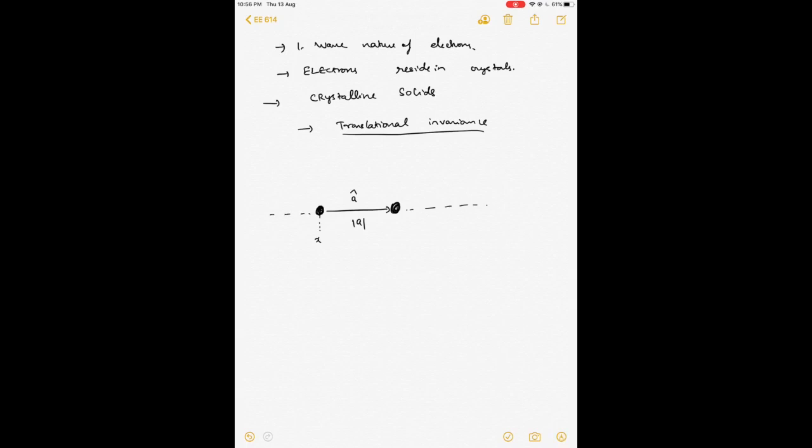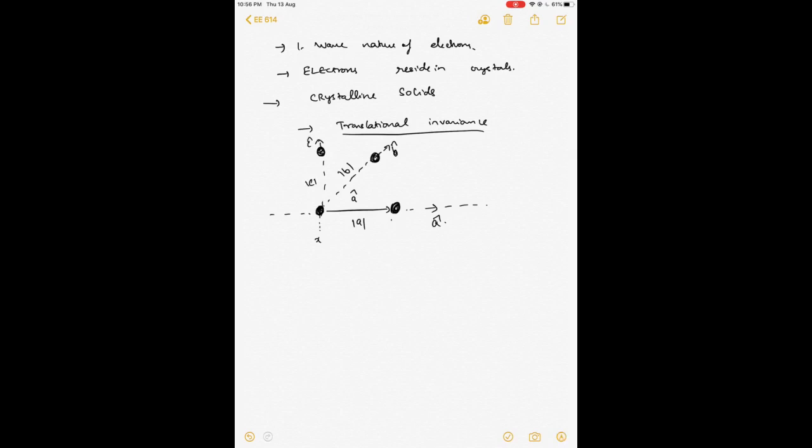And in 2D we can assume that the same thing can happen along the direction b hat. This is along the direction a hat, and the same thing you can assume for 3D, with magnitude c along the direction c hat.